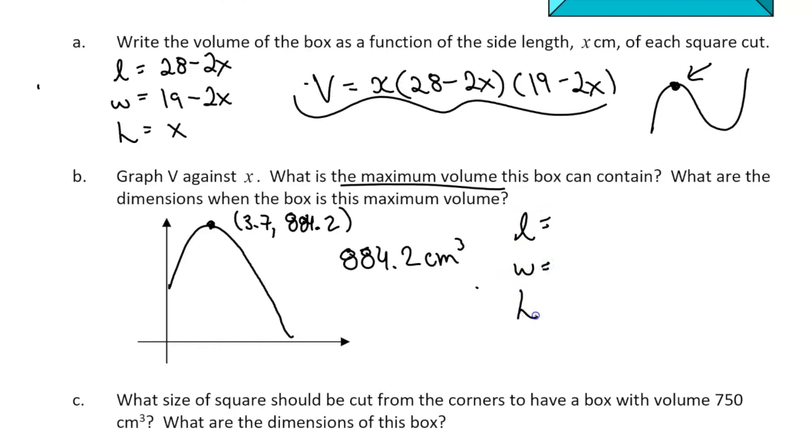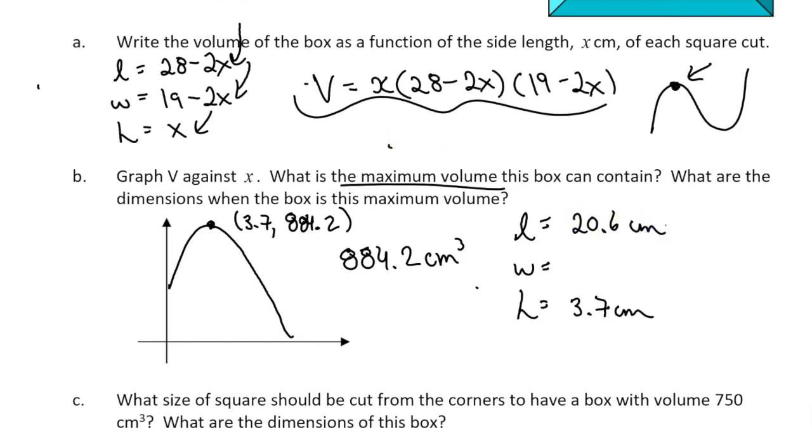And then if they want the dimensions that would produce that, and you have your length and your width and your height, then we can take that 3.7 and sub it in here and here and here to figure this out. So our height is going to be 3.7 centimeters, and if we do 28 minus 2 times 3.7, we get 7.4, so we get 20.6.